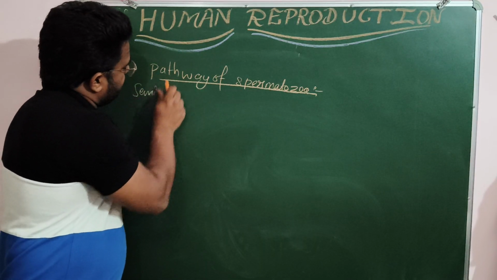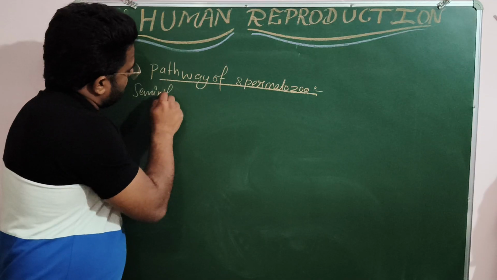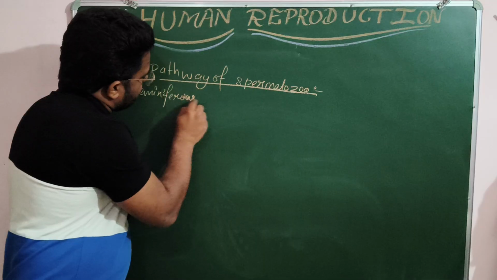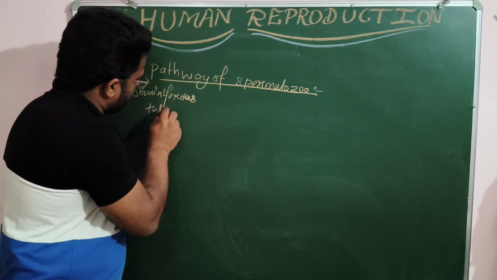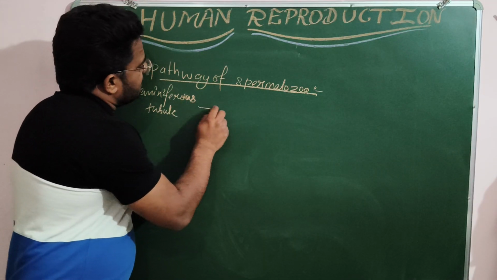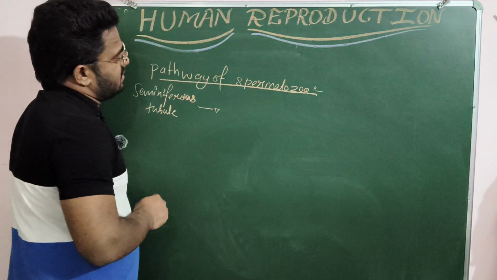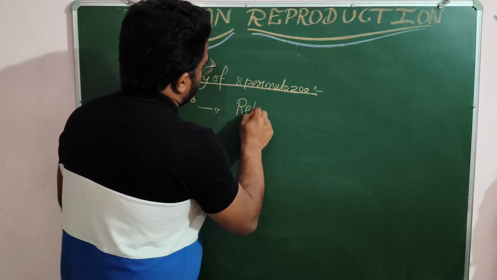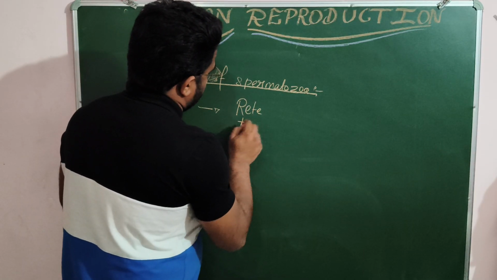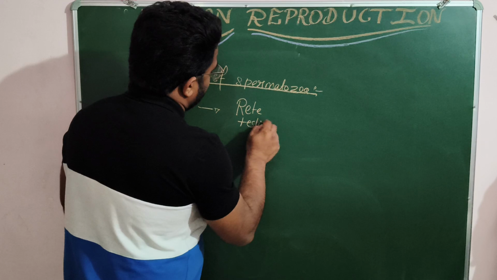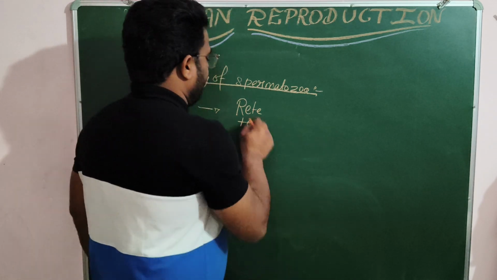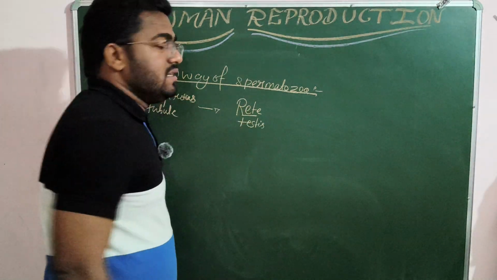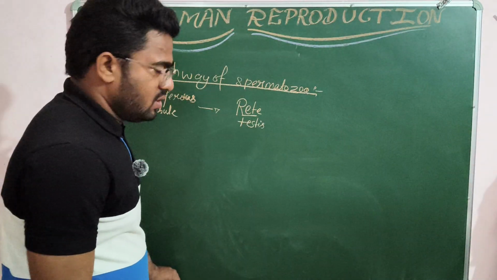So here we have seminiferous tubule. In seminiferous tubule, spermatozoa are synthesized. Now it will go to rete testis. What exactly is the rete testis? Wherever you see the word rete, it means network of tubules, right?